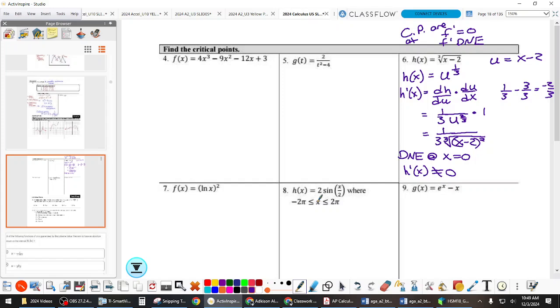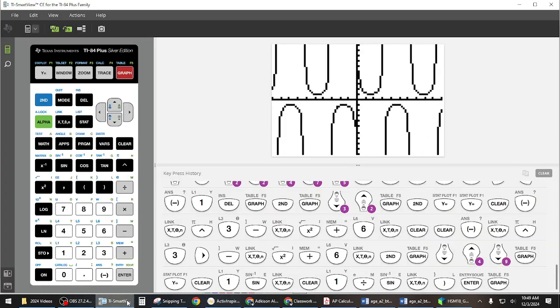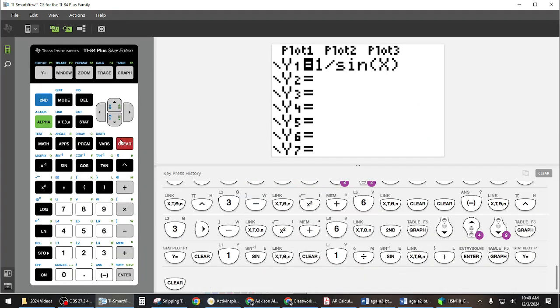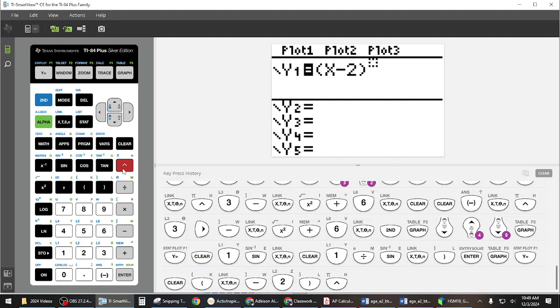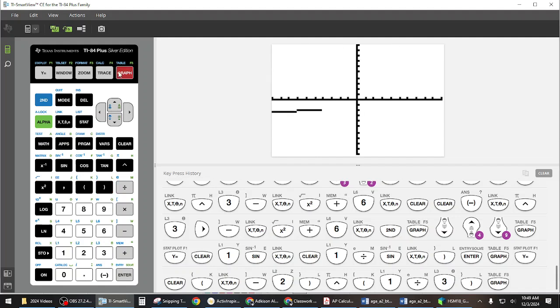And let's graph cube root of x minus 2 just to see how it looks. I'm going to write it though as x minus 2 to the 1/3, which is the same as cube root. Okay. So remember that we're not looking at where this equals 0, but at its slopes.